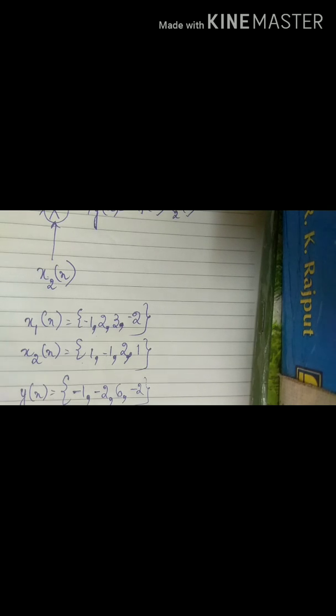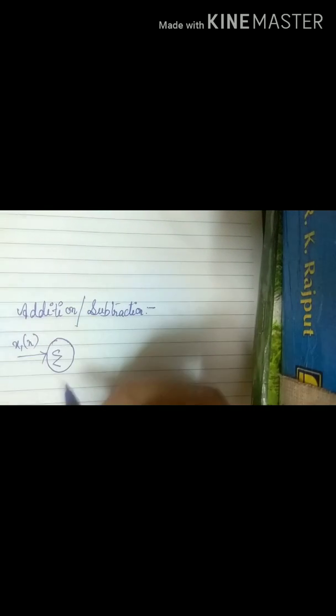The last operation that we are going to discuss today is that of addition and subtraction. The symbol for performing addition and subtraction is this. So we have a signal x1(n).